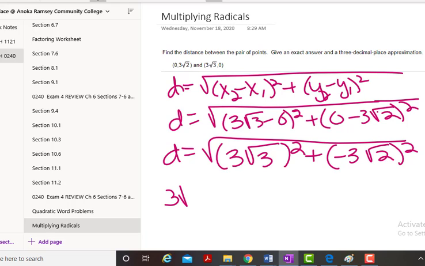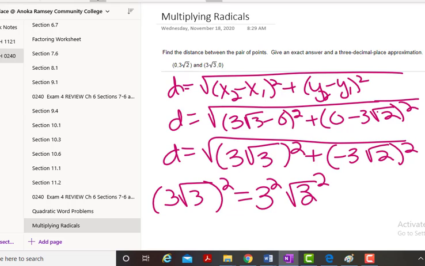When we look at 3 times the square root of 3, squared, we would square each piece inside. So the 3 squared becomes 9, and the square root of 3 squared, the square root and squaring are opposite, so we end up getting a 3. So this first term will be a 27.